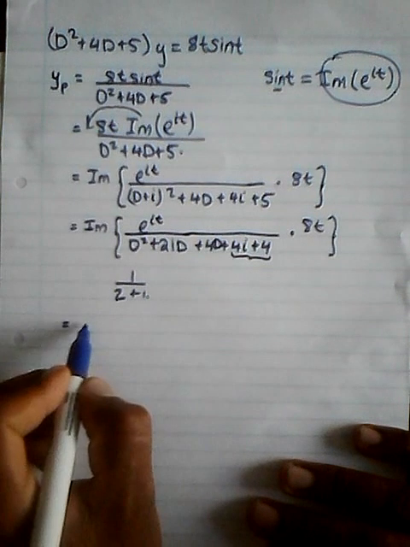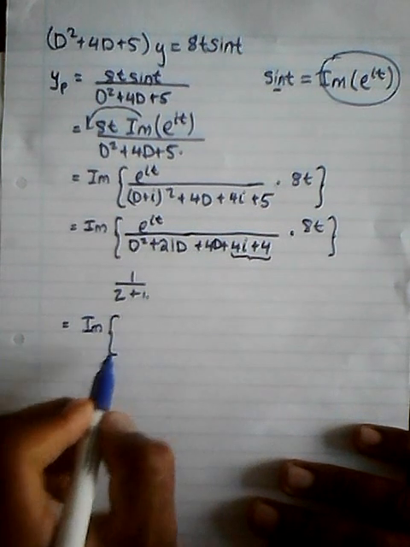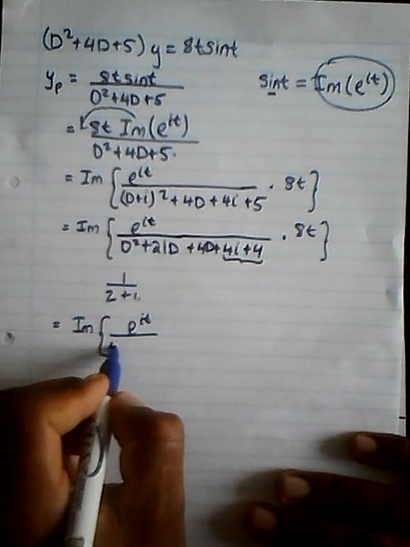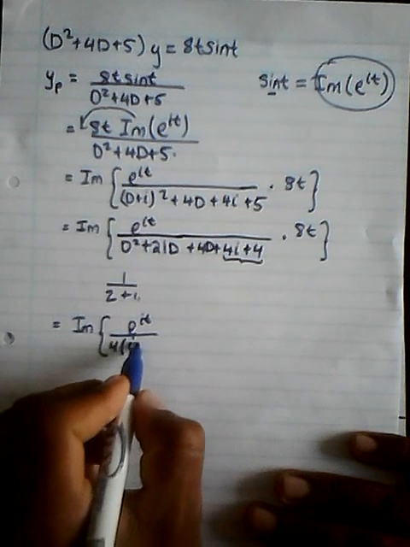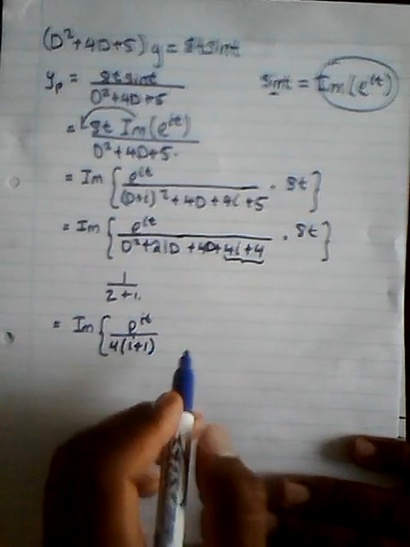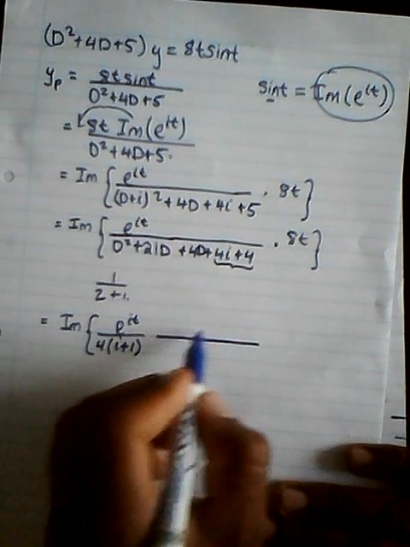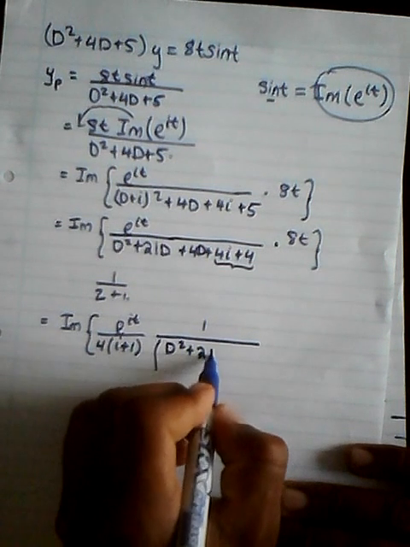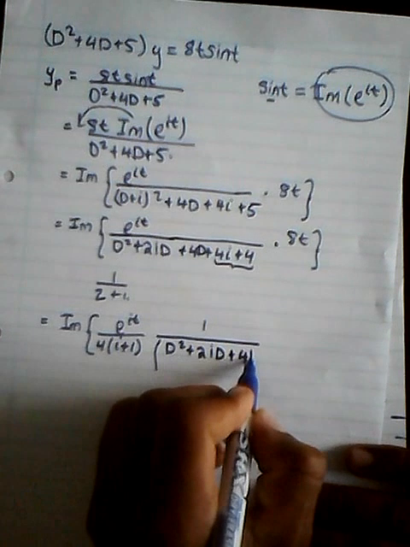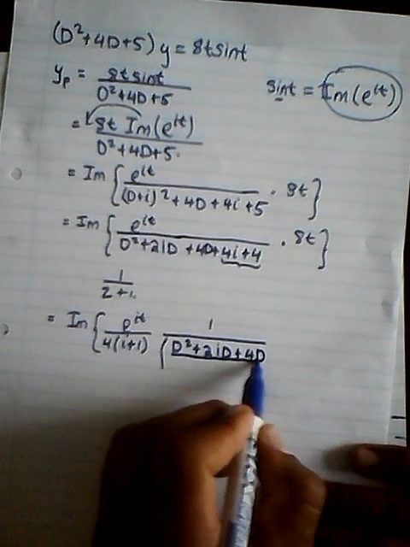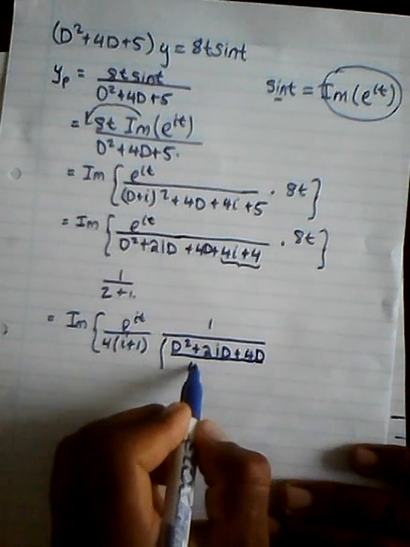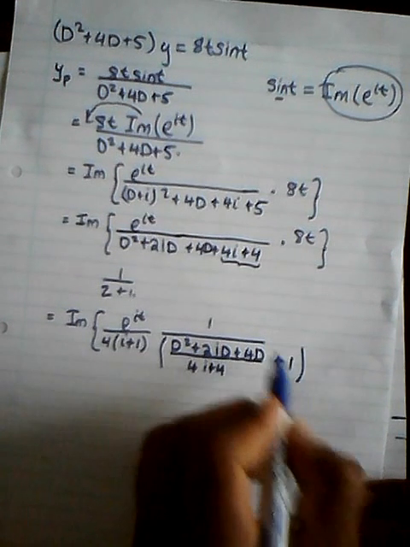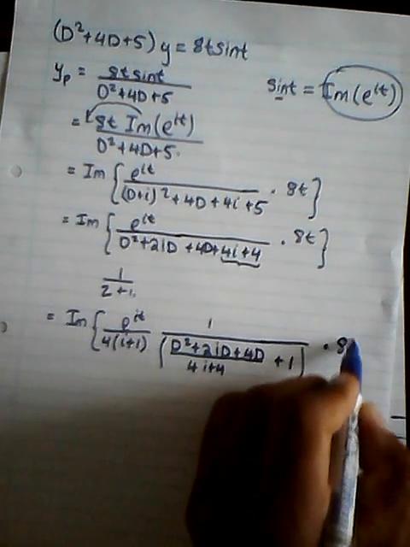That will equal the imaginary part of e to the power of it divided by, if we factor out 4, I plus 1, and then we multiply that by D squared plus 2iD plus 4D, all divided by 4I plus 4, and this is added to 1, everything multiplied by 8t.